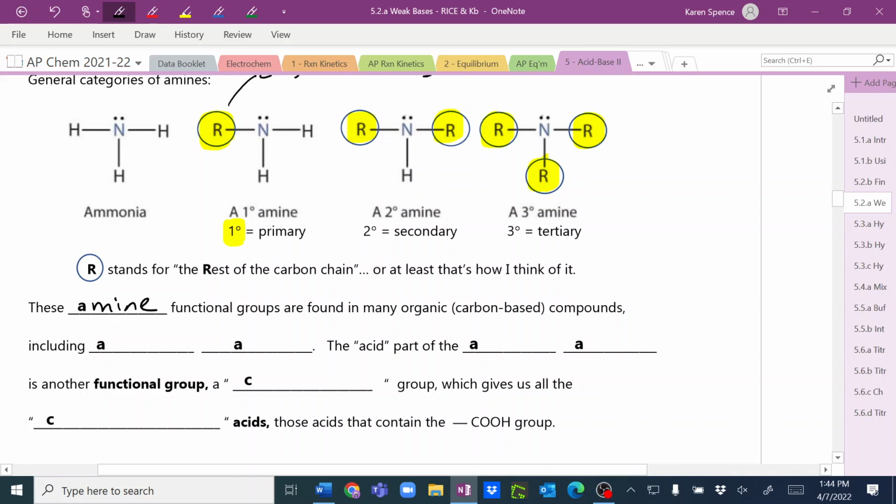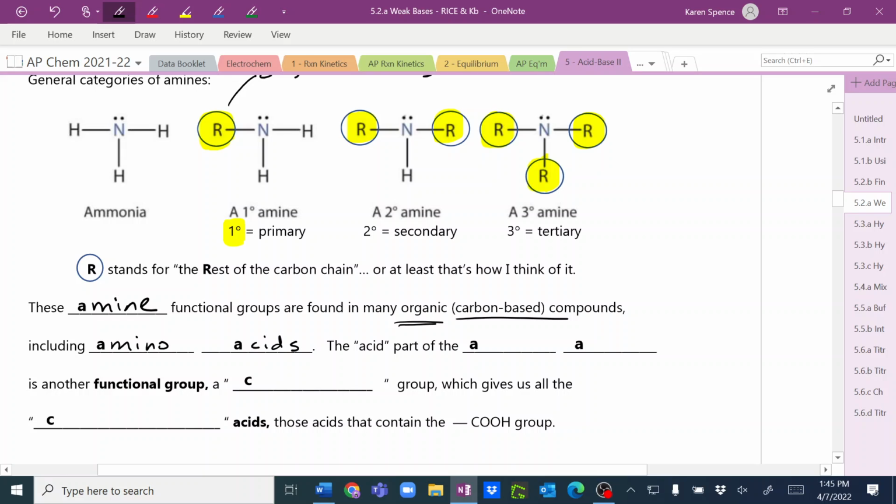So these amine functional groups are found in many organic carbon-based compounds, including, does anyone know what carbon-based compound they are found in? Amines are found in something that starts with A and then another A. Amino acids. Getting a little cross-curricular with biology here.